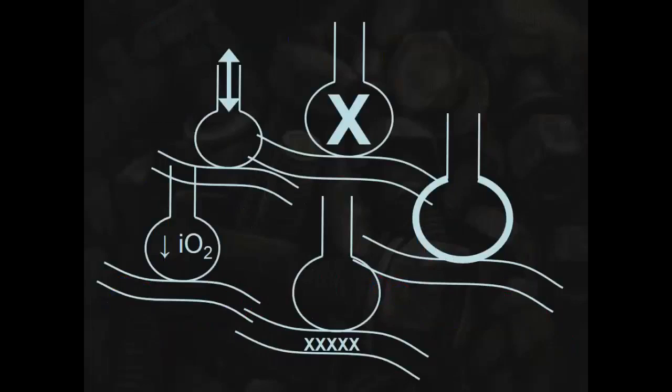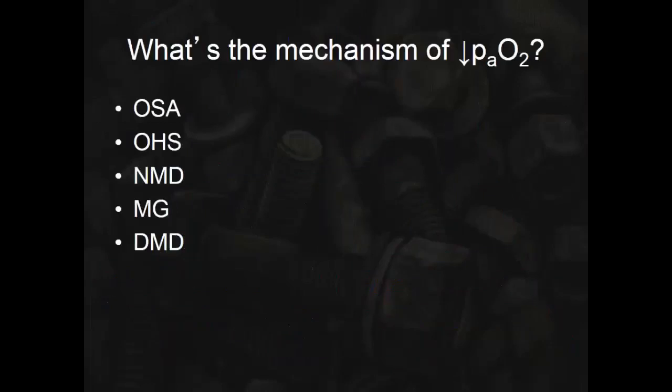Multiple mechanisms can be involved in a single disease. So, what's the mechanism of hypoxia in OSA, obesity hypoventilation, neuromuscular disease, myasthenia gravis, and Duchenne's muscular dystrophy? The same mechanism that affects all of these people, and it causes low PaO2. Can you yell it out?